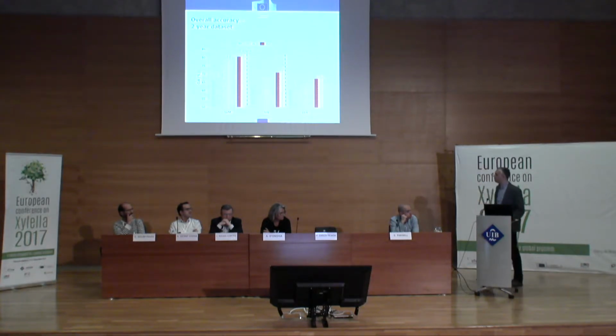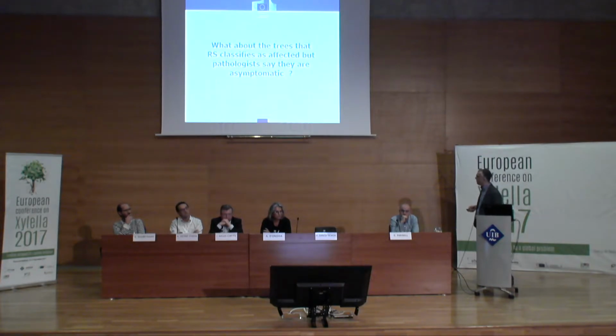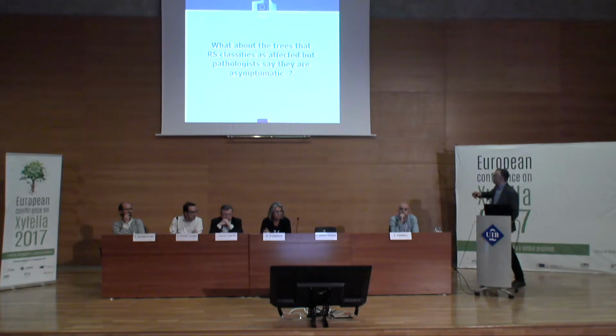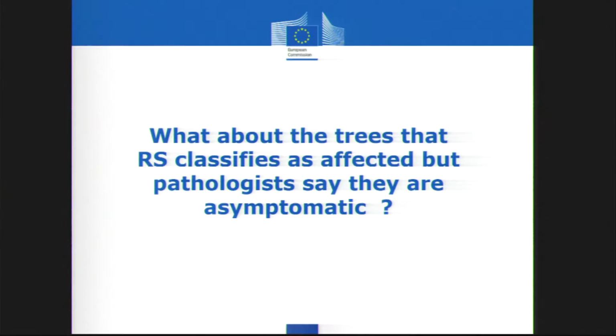So we wanted to spend a bit of the time, and what we did was to think a bit about what happens to the trees that remote sensing classified as affected, but pathologists said that they were asymptomatic at the time of the flight.